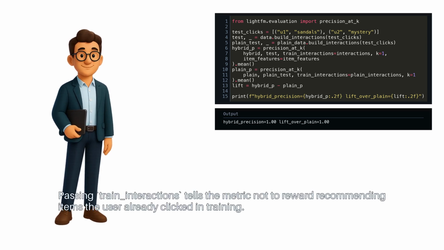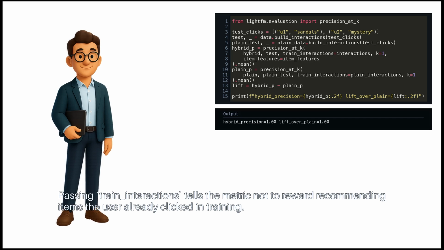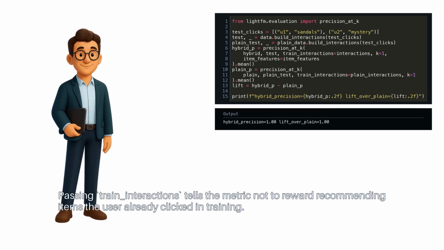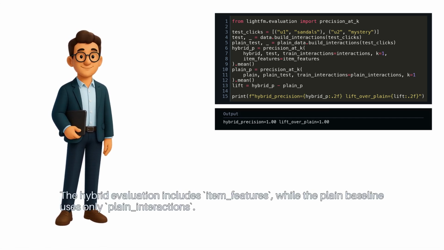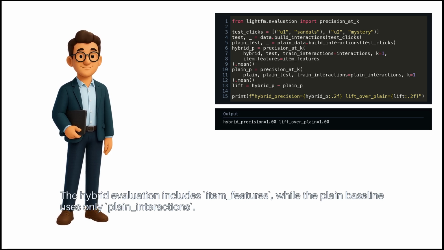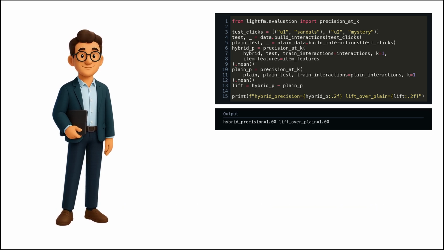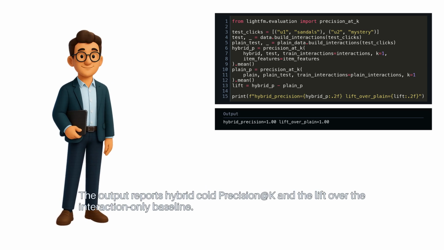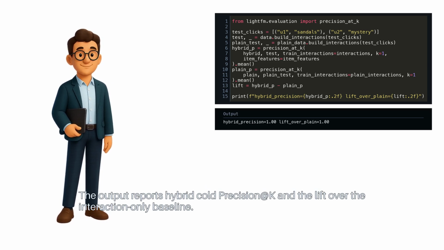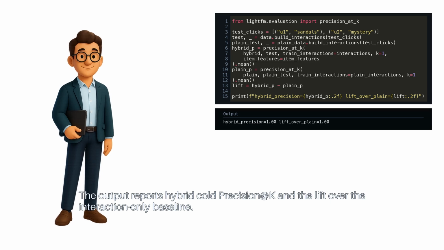Passing train interactions tells the metric not to reward recommending items the user already clicked in training. The hybrid evaluation includes item features, while the plain baseline uses only plain interactions. With K equals 1, the question is strict. Did the right cold item reach the very top? The output reports hybrid cold precision at K, and the lift over the interaction-only baseline.